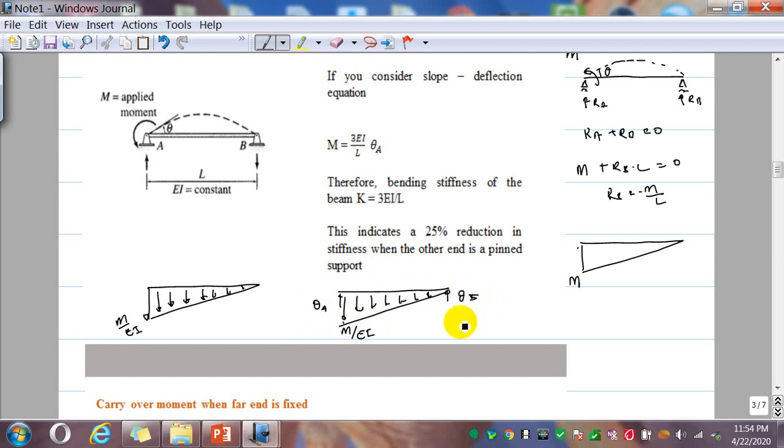The shear force in the conjugate beam is equal to the slope of the real beam.